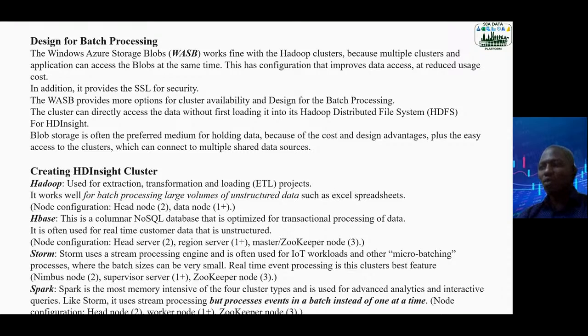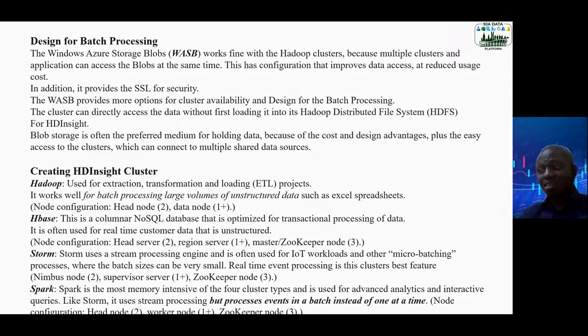And again, we have what? Storm. The Storm uses a stream processing engine and is often used for IoT workloads and other micro batching processes. You have logistic services, oil movement, and the Storm is used for that. And of course, the great one, Spark.